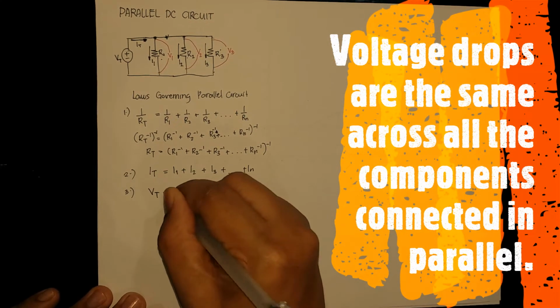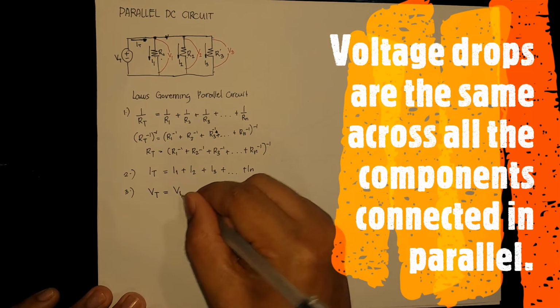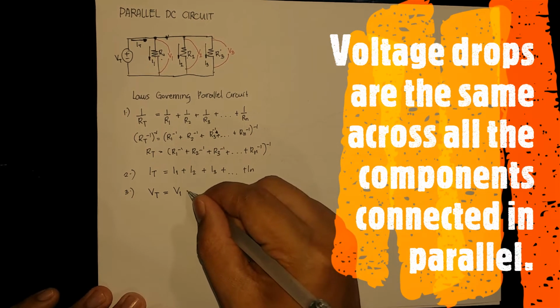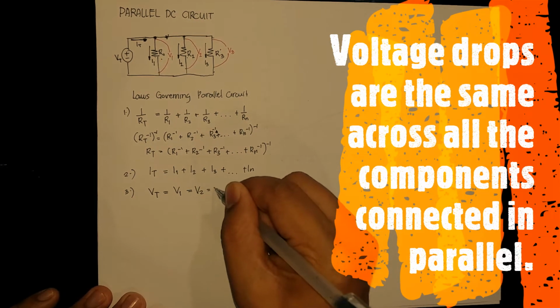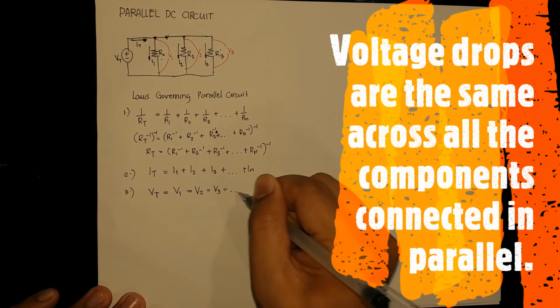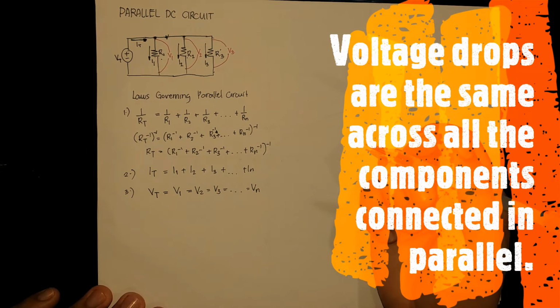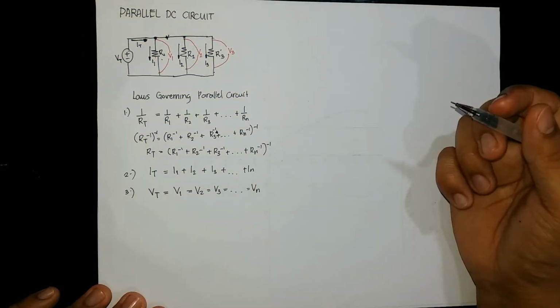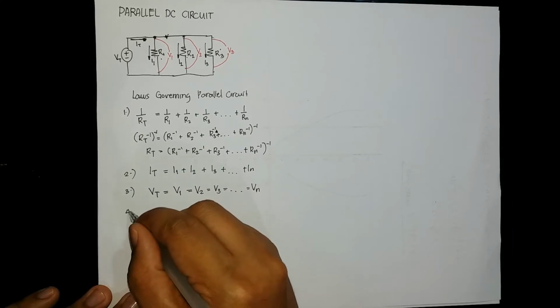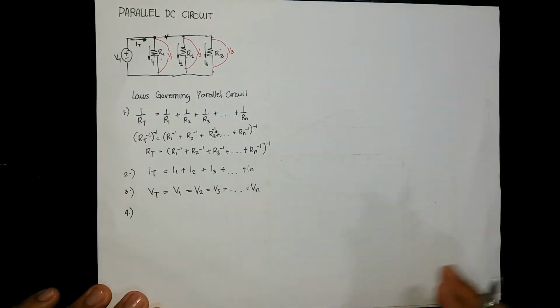Meaning, the total voltage is equal to the voltage at resistor 1, voltage at resistor 2, and equal at resistor 3, or equal to any voltages across each resistor as long as they are connected in parallel. And for number 4, how about the power?